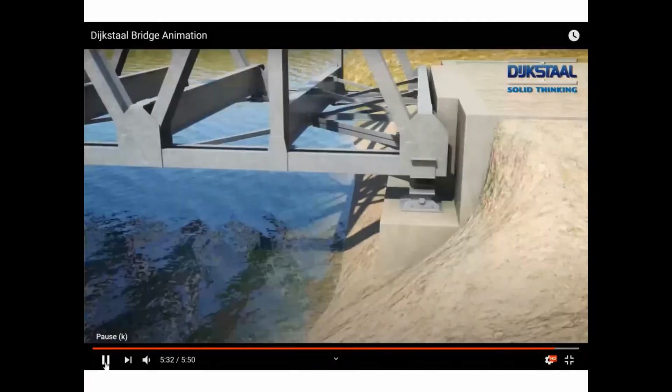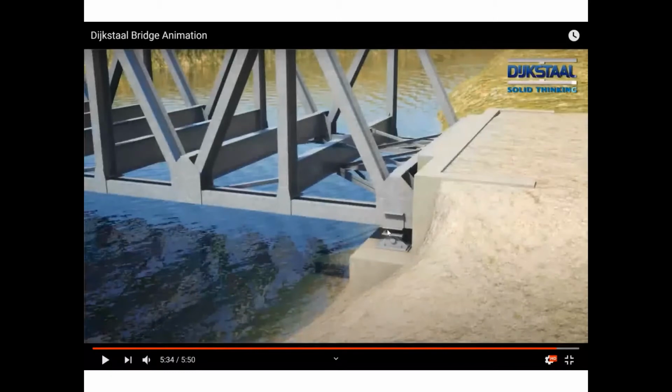This is the real hinge. At this support on this side, we have a hinge. On the other side, we have another hinge supporting your bridge.